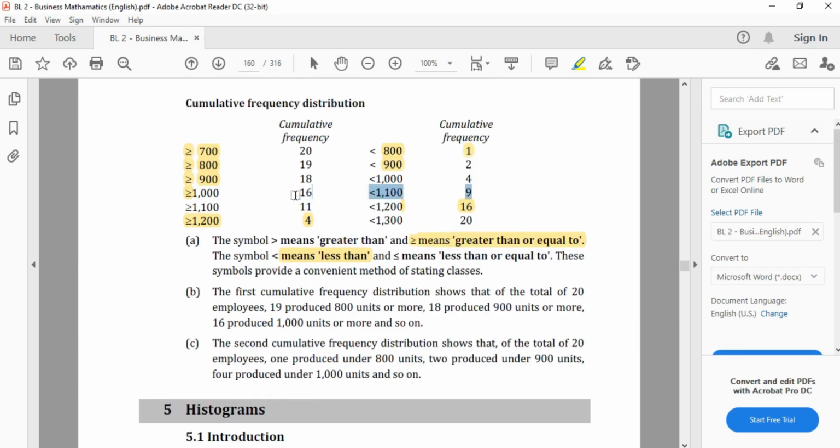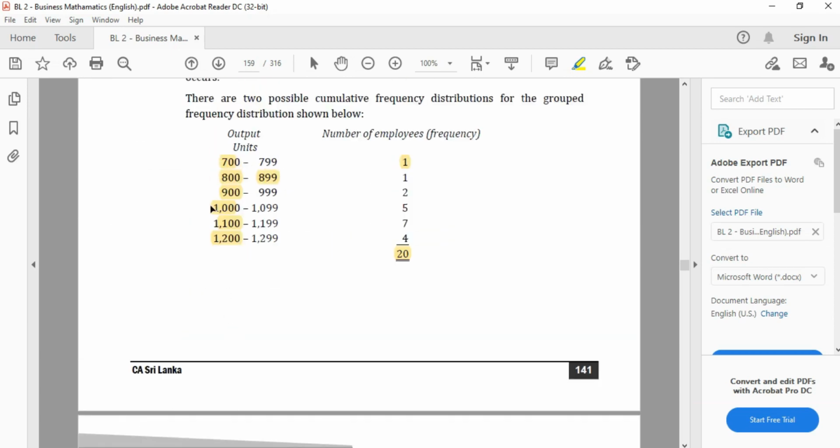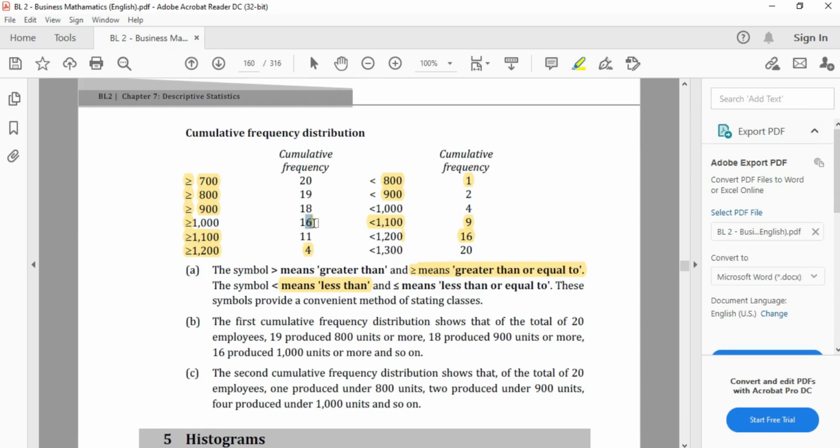So let's take greater than or equal to 1000 units. How does it work? 1000 units are starting here. So basically there will be 5 plus 7, 12, 12 plus 4, 16. Or 20 minus 2 minus 1, which is still 16. So you write 16 here.